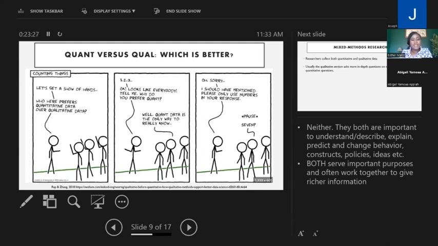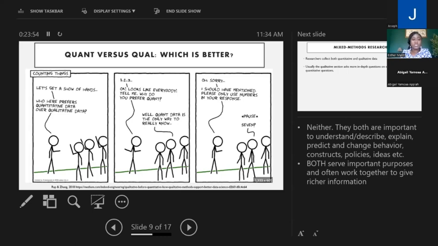But ultimately, they give us deeper understanding of various phenomena, behaviors, constructs. They even give us deeper understanding of policies, ideas, whatever it is that your question is about. Depending on what your question is, one or the other can answer it well enough to gather your overall finding.